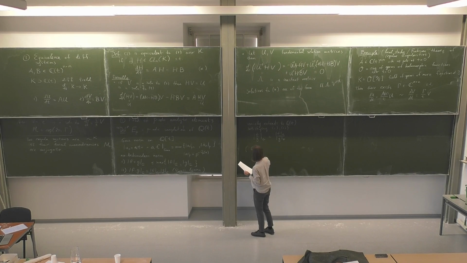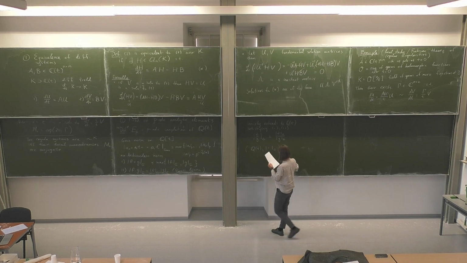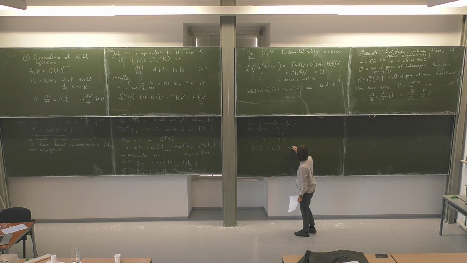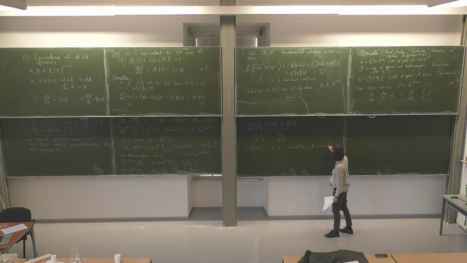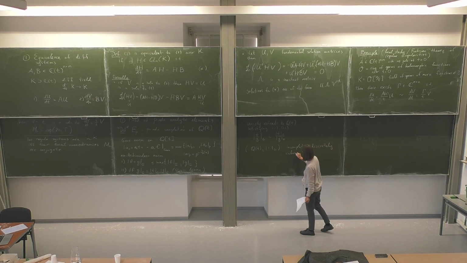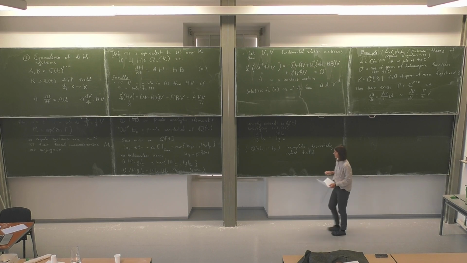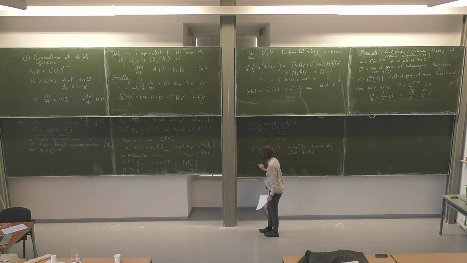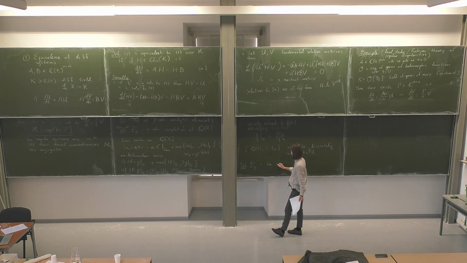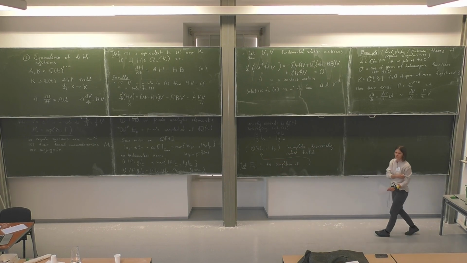With this norm, Q(t) is an incomplete discretely valued field, and then EP, now it's the definition, is the completion of this. It will also have the Gauss norm by construction.